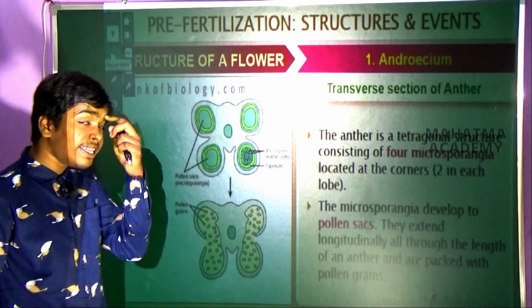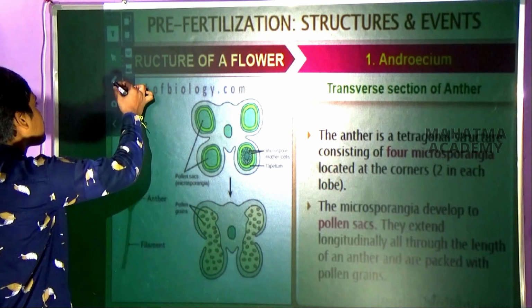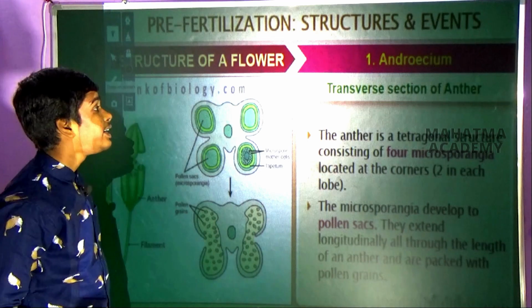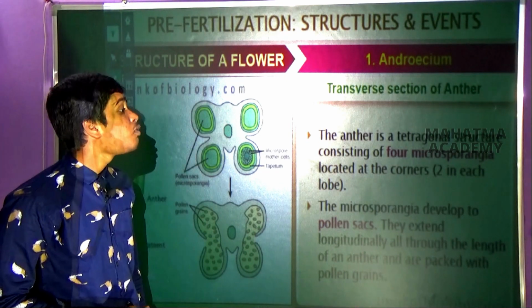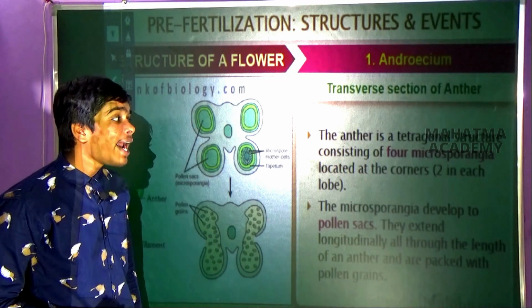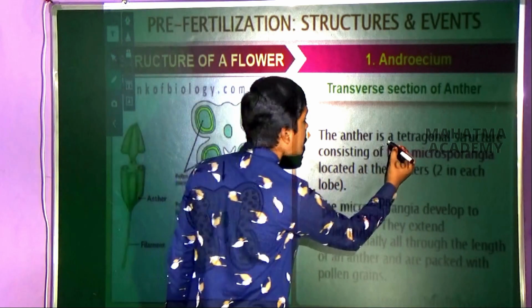Now we will see about the transverse section of the anther. Okay, the anther is tetragonal in section, consisting of 4 microsporangia located at the corners, that is 2 in each lobe. The anther is which shape?